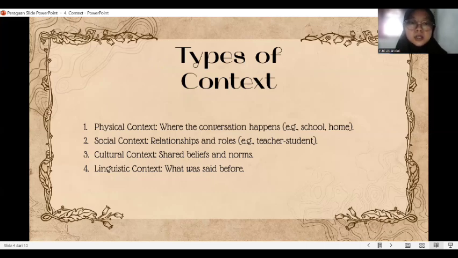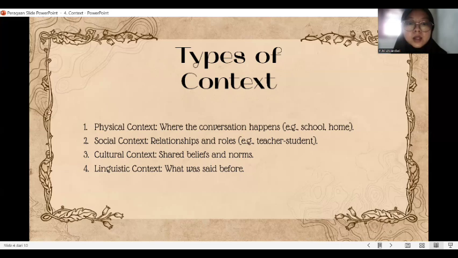Types of context. The first is physical context, where the conversation happens. For example, in school and home. For example, you might whisper in a library but shout at a football match. The second is social context, the relationship between speakers.